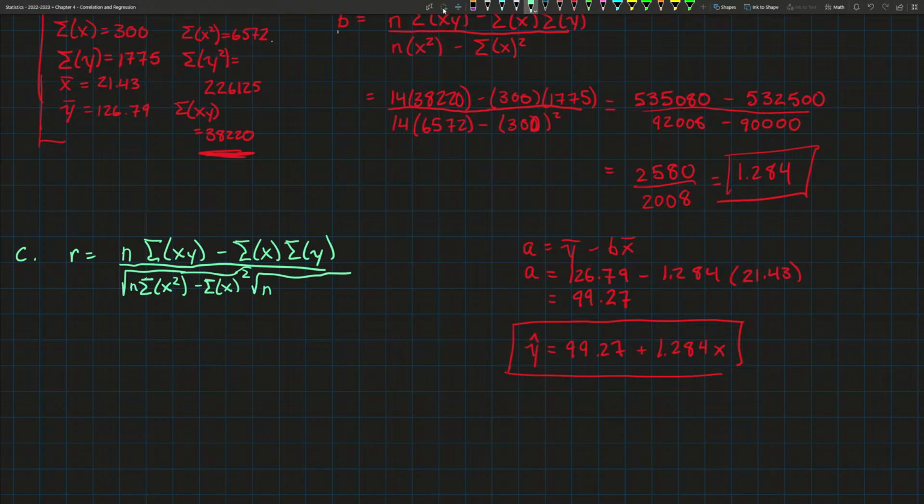So n times the sum of y squared minus the sum of y, squared. And then all we're doing is plugging this stuff in.